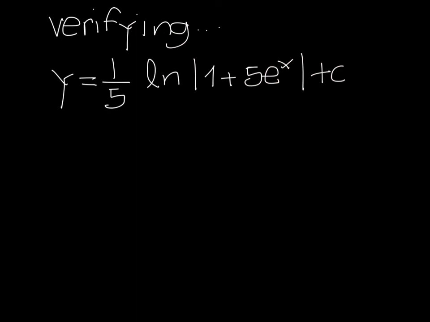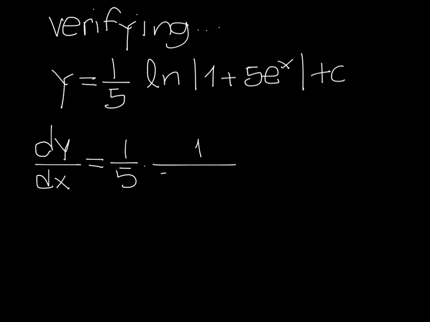Let's use differentiation in order to check our results. If the function is 1/5 of natural logarithm of 1 plus 5e to the x, the derivative of that will be the constant times the derivative of the function. And as you can remember, the derivative of natural logarithm of u is 1 over u times the derivative of u.